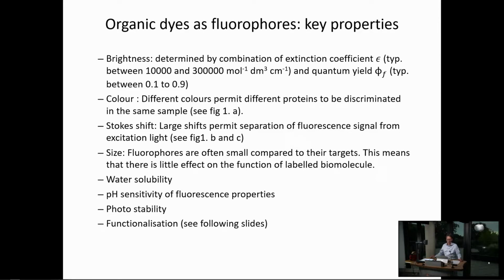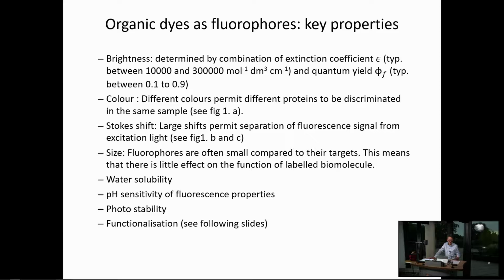Okay, so a few key properties of organic dyes first. One, for fluorophores in general, important is the brightness. The brightness is a combination of 2 things, as you can imagine from the last lecture on rate equations. You require a good absorption coefficient.